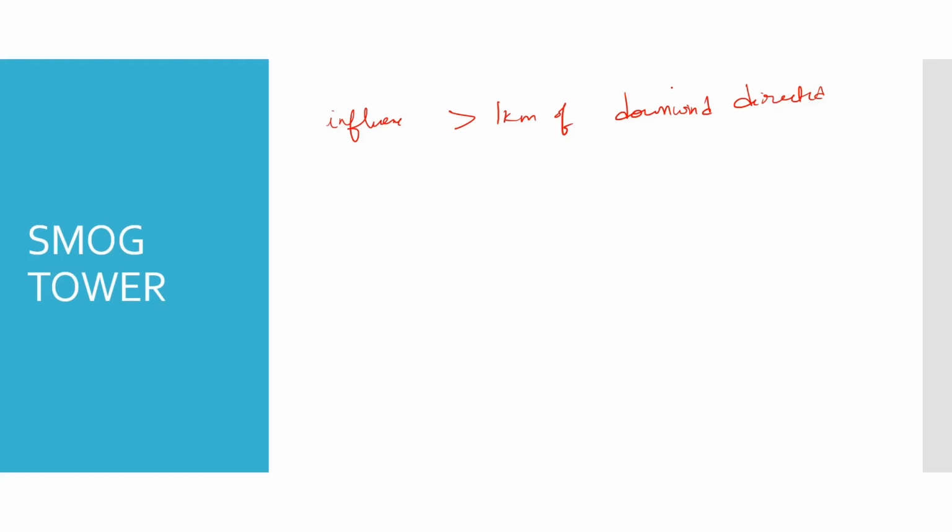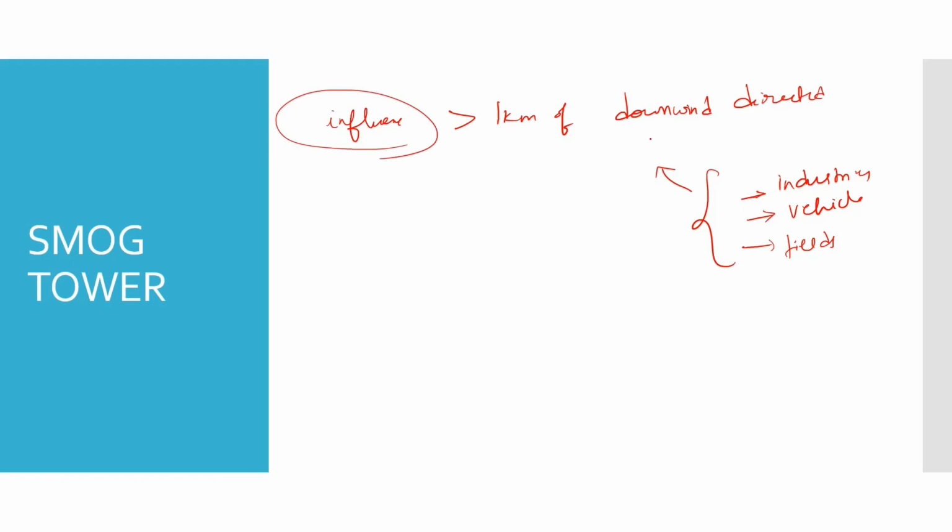It might be from the industries, or from the vehicles, or when they burn the crops after the harvesting. If they burn the grass in the fields, even that will cause pollution. The reason might be anything, but the polluted air can be filtered here in the smog towers.